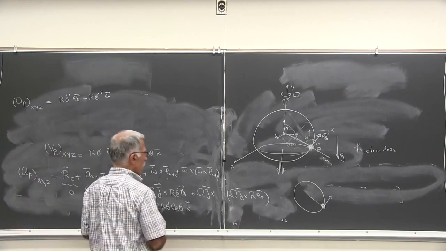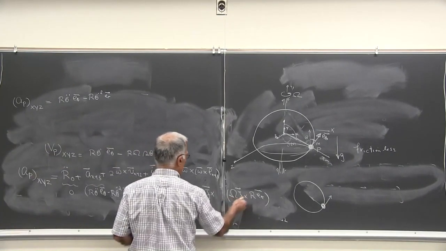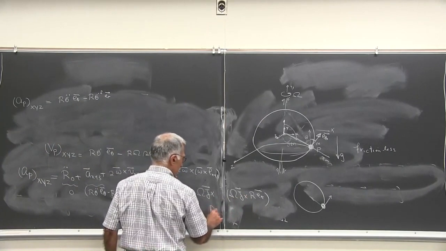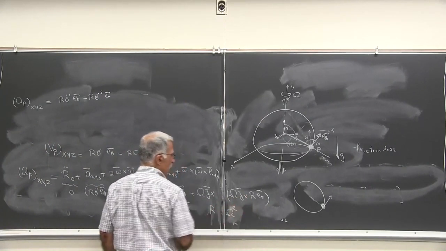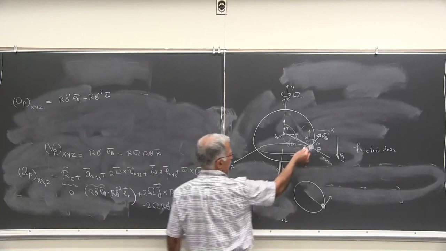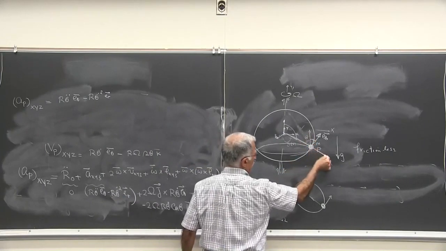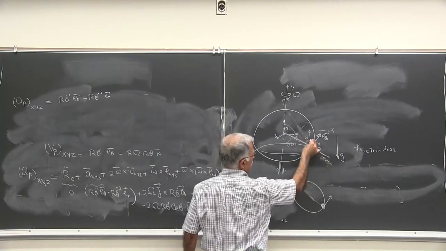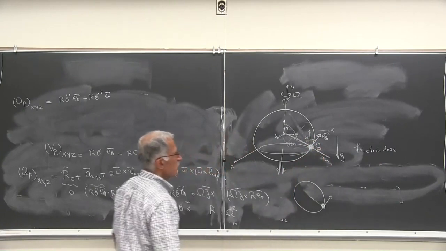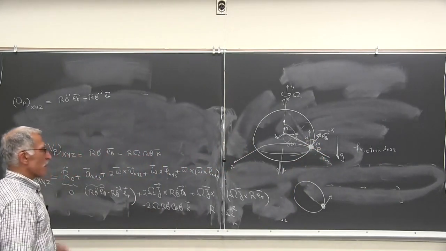Then finally you do have omega times omega r, let's call it r omega square, and J times e_r. That's your J, that's your e_r, the angle in between is pi minus theta, so that becomes sine theta.